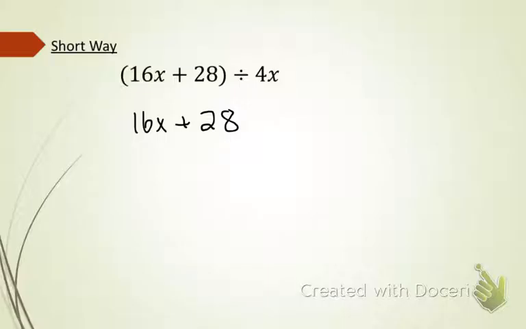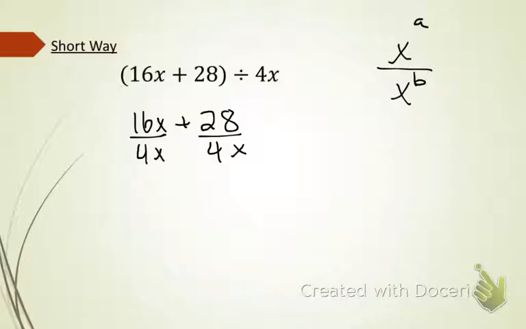Okay, so I'm going to rewrite what's inside, and each term is getting divided by 4x. So I'm going to divide each one individually by 4x. Here's where you've got to remember your properties of exponents. I'm going to keep this here because we're going to come back to it.